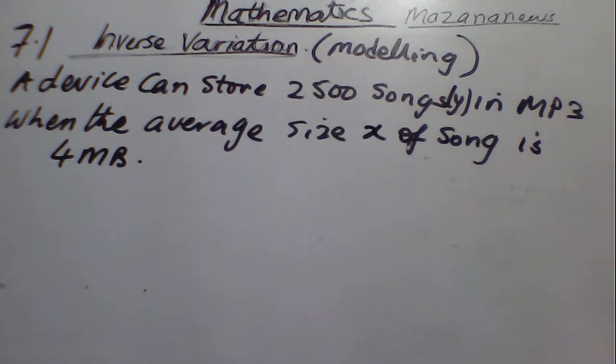A device can store 2,500 songs in MP3 when the average size x of song is 4 megabytes. So in this case, you are given some pairs of data, and then you will be asked questions based on the set of data.